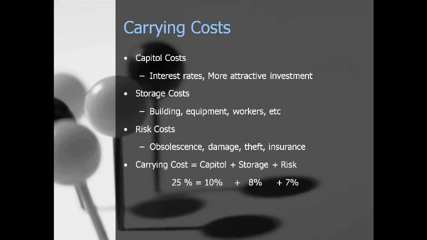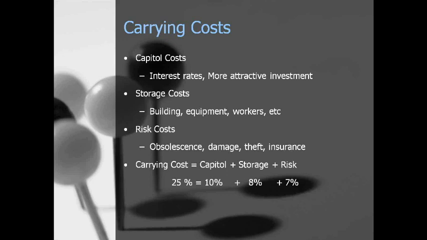Here's an example of how we use that information. There is a formula that says that carrying cost is the cost of capital plus the cost of storage plus the cost of risk expressed as a percentage. In this example here, capital cost is 10%, storage cost is 8%, risk cost is 7%.